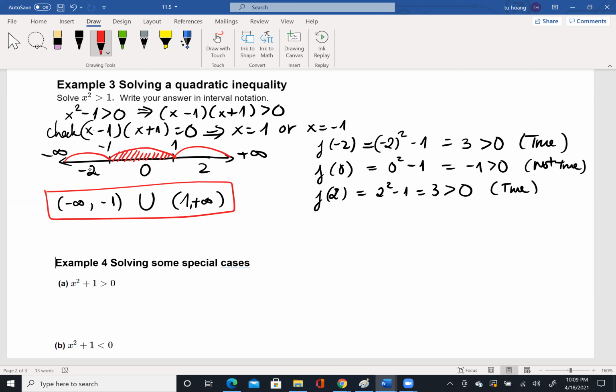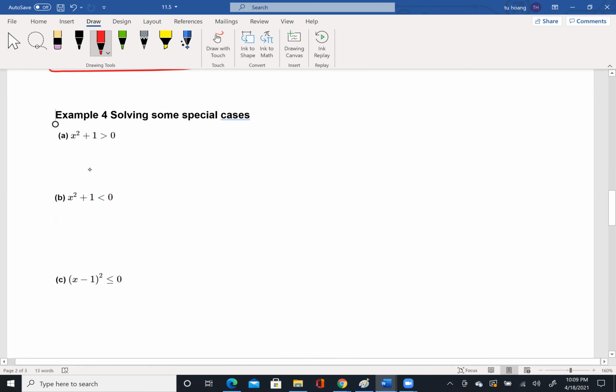Okay. So now let's move to example 4, solving some special case. So x squared plus 1 greater than 0. What happened for this one? I know that x squared is always greater than or equal to 0, and plus 1 is always greater than or equal to 1.